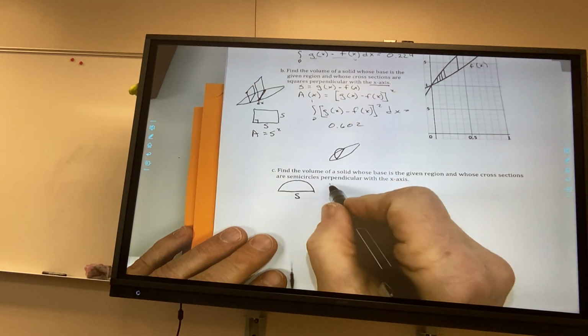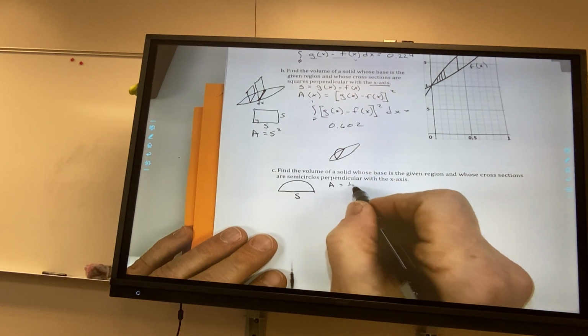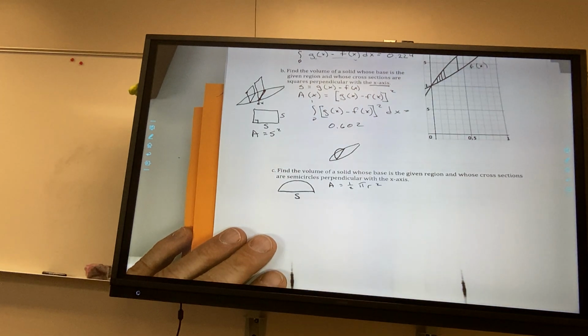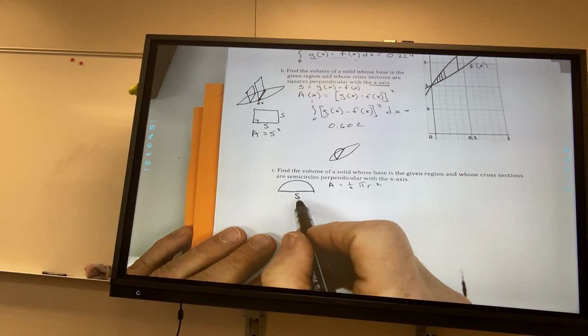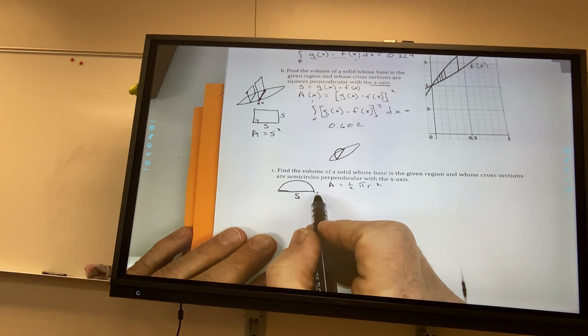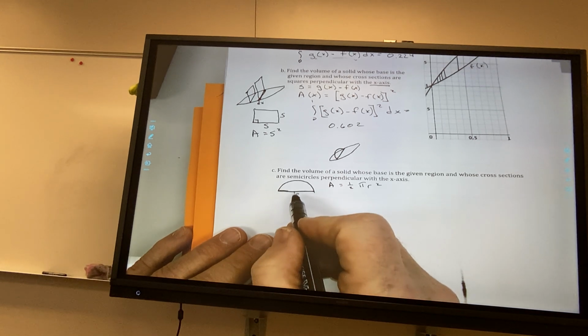So I know my area is 1/2 pi r squared. Everybody okay with that? This is the tricky part. A lot of people just take that S and put it in there, but that's not the radius, is it? This is really the diameter, correct?